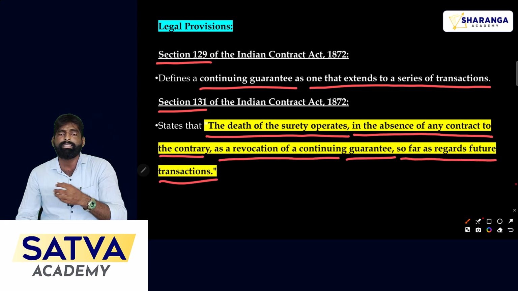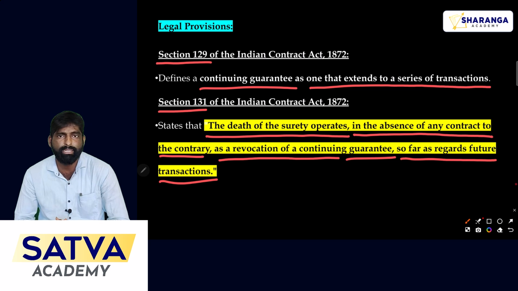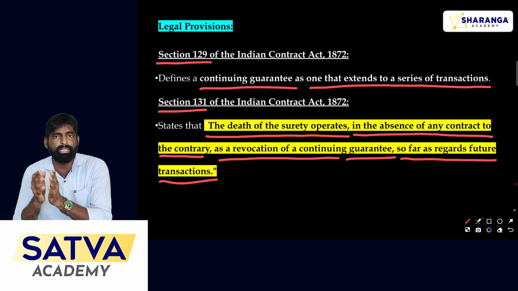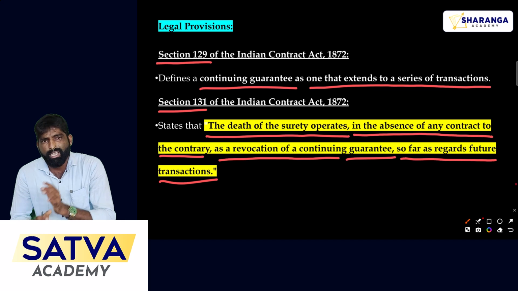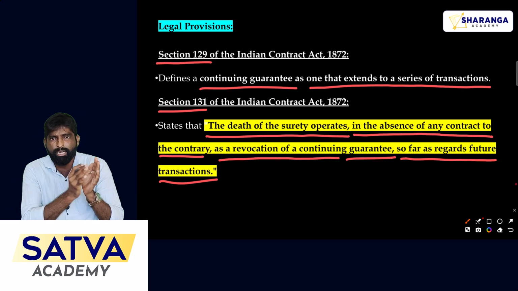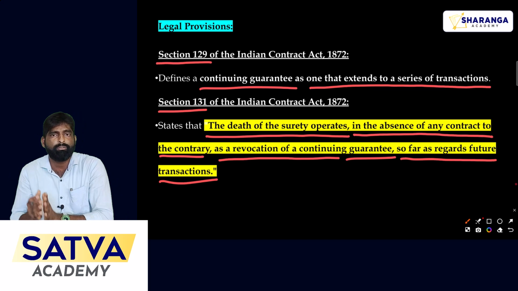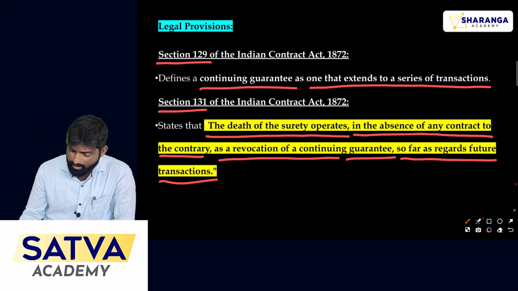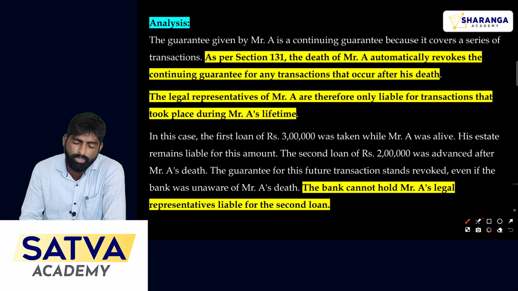If a party dies in the case of a continuing guarantee, then the contracts made afterwards will be invalid. So according to the section, a continuing guarantee is revoked after the death of the party who gave it. Okay, let's analyze the question.